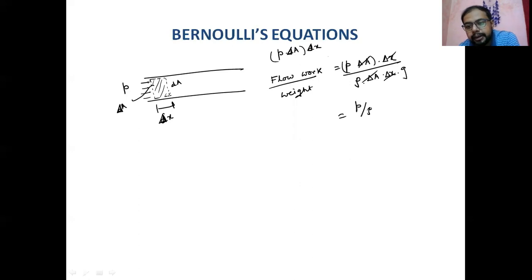Remaining is P by rho g. This P by rho g is nothing but the flow work per unit weight. Thermodynamically, that is the physical significance of it. So pressure head is nothing but the flow work per unit weight.